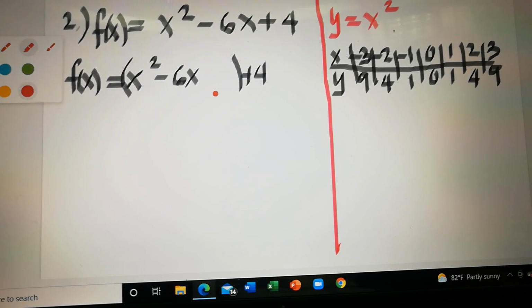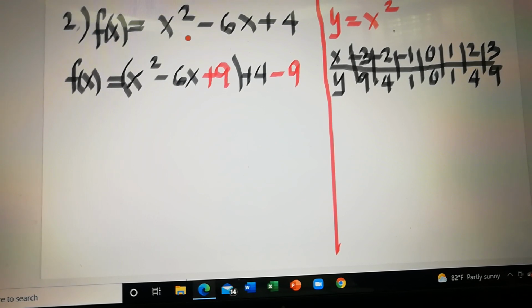Just simply get half of negative 6, which is negative 3, then square. Negative 3 squared is equal to 9. So if you added 9, then you need to subtract 9, because this is equivalent to the original equation. Once you added 9, you need to subtract 9. So this is now the new equation in vertex form.